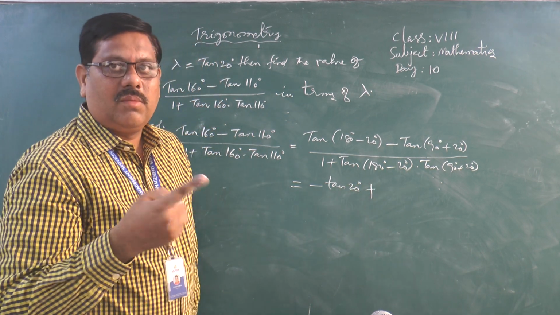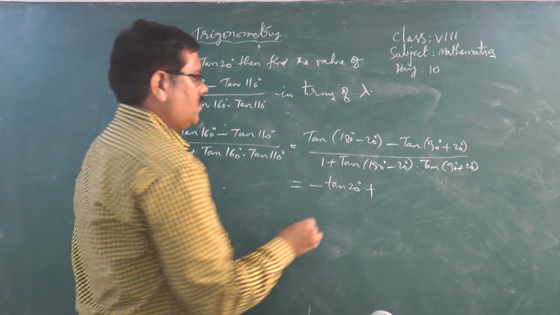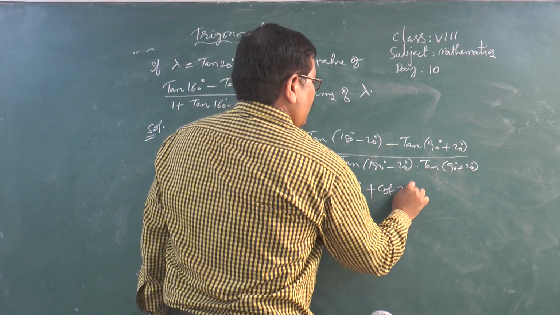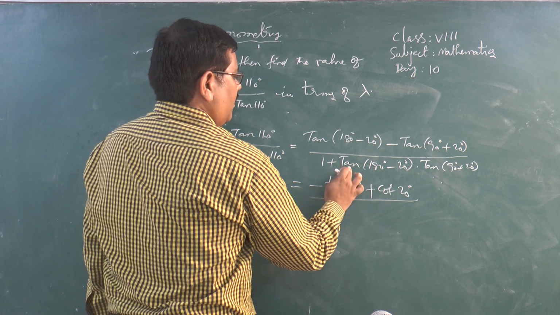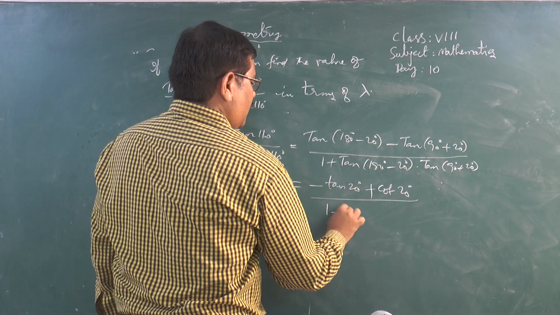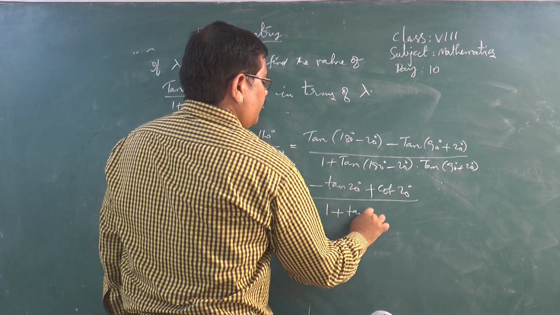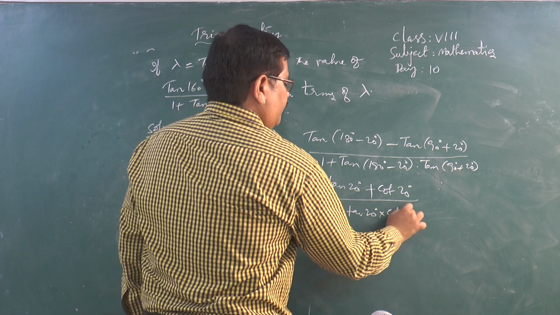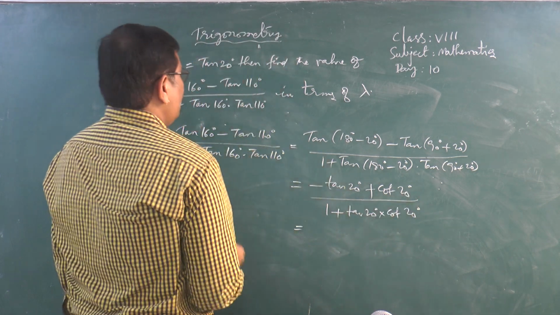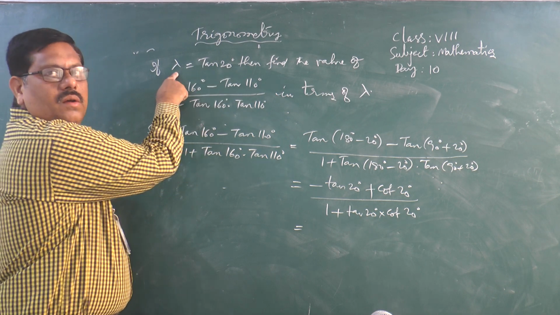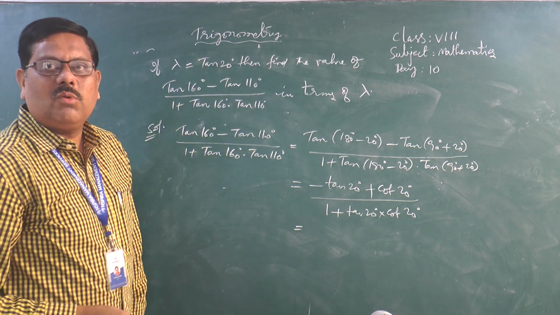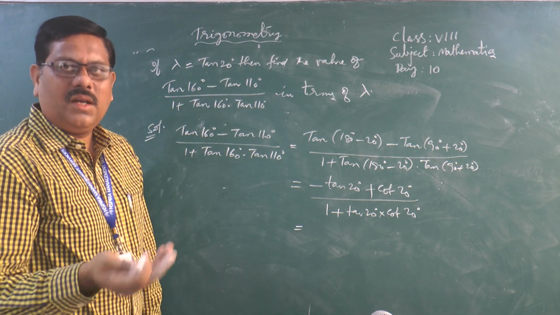Tan of 90 plus 20, an odd multiple of 90, so tan changes to cot, so it is cot 20. By the same thing in the denominator, minus and minus is overall plus, it is tan 20 into cot 20. We are given tan 20 as lambda. If tan 20 is lambda, what about cot 20? Reciprocal, right? 1 by lambda.